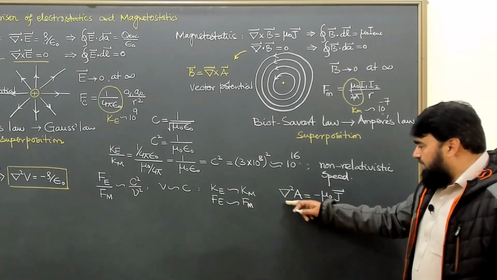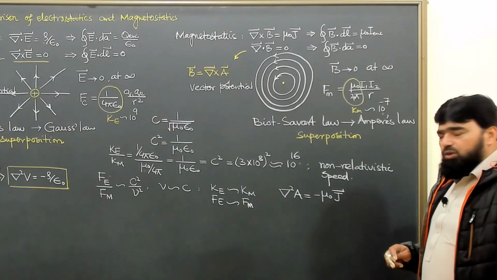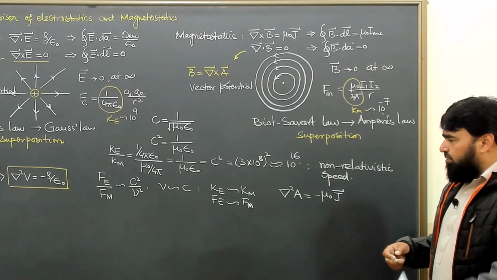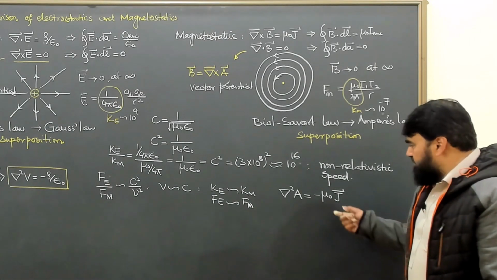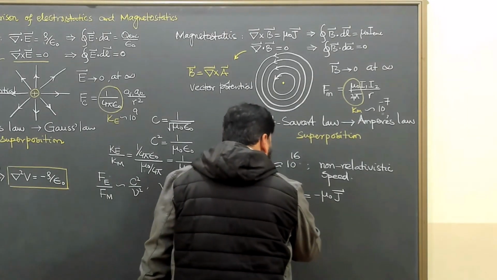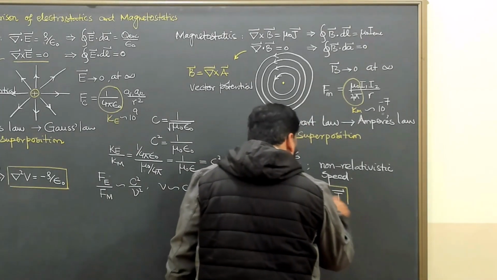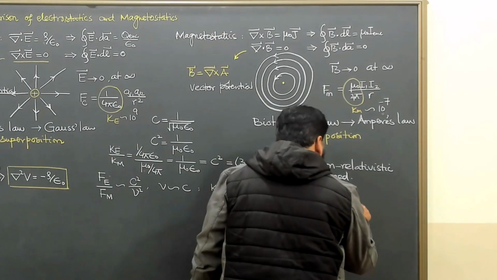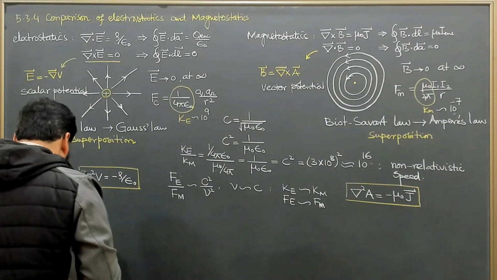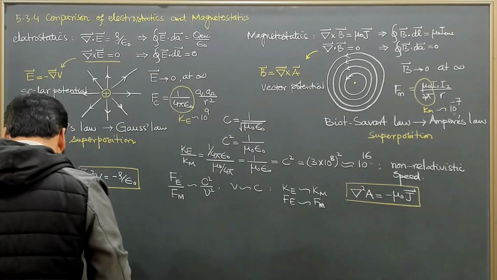Then I will get del square A equal to minus mu naught J. So when they are in the form of potentials, their analogy becomes even more visible, that they seem almost equivalent.